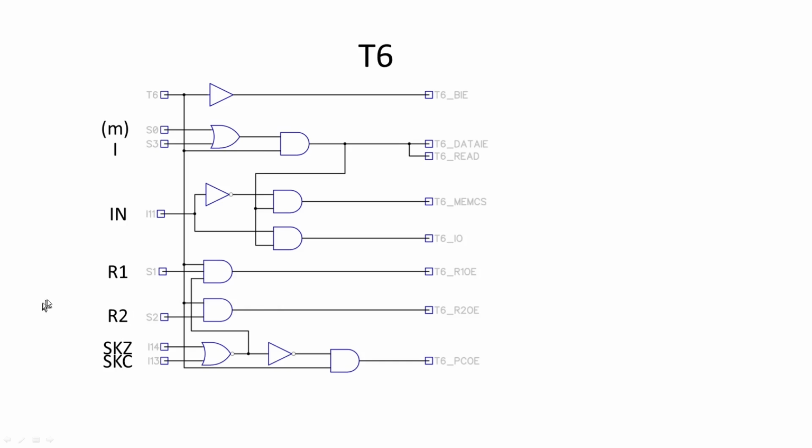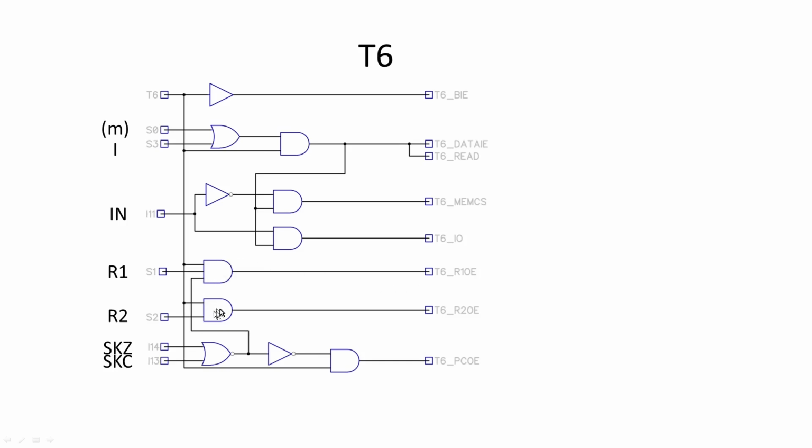And then we've got the next addressing mode, the fifth one, or fifth input I should say, where we've got T6 coming on. And we only use this one when we're doing a skip if 0 or skip if carry. So if either of those are on, then we lose this signal here and we can't come in from R1.